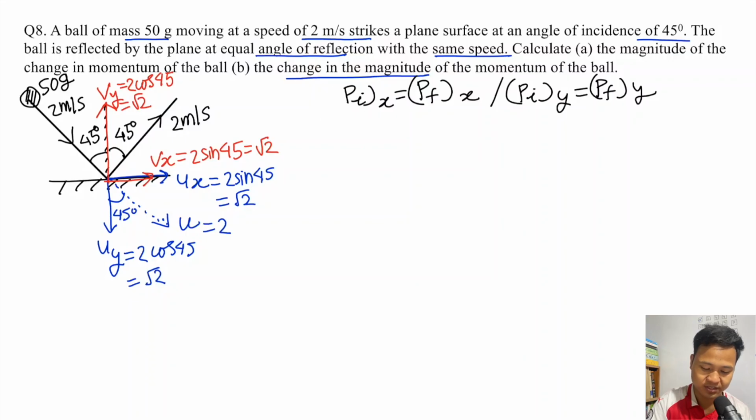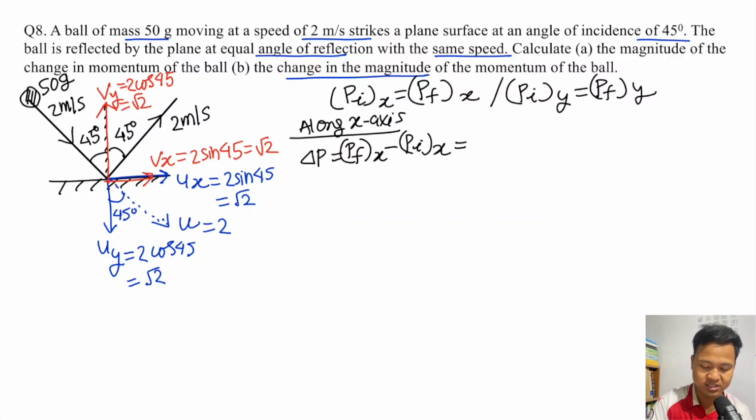So here along the x-axis, the change in momentum: delta p is p final minus p initial, so p final x minus p initial x. That is mass into velocity, so mass into final velocity minus m into ux.